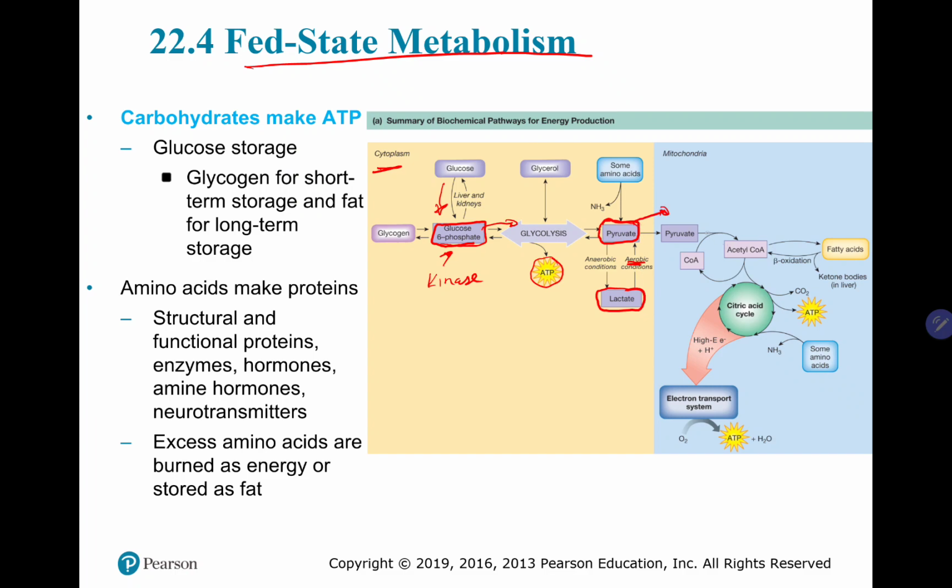That pyruvate will then get converted to acetyl-CoA, and that acetyl-CoA will then get siphoned into the citric acid cycle, where we can make a lot more NADHs, a lot more FADH2s, more ATP. Of course, the electron transport chain, making a whopping 32 to 36 ATP molecules from that one glucose molecule.